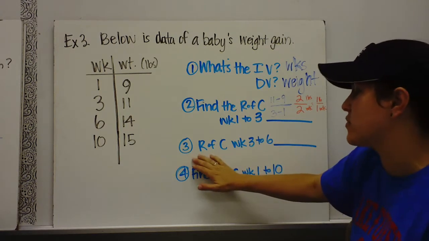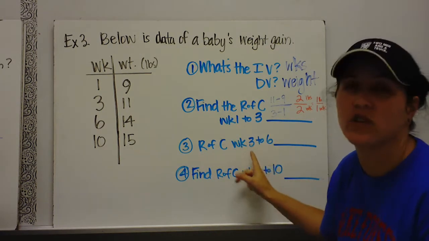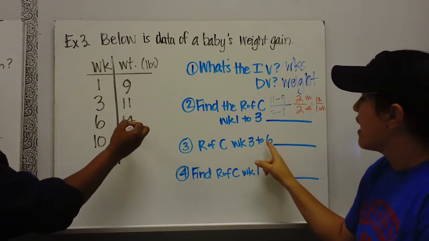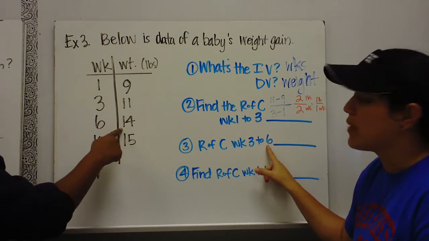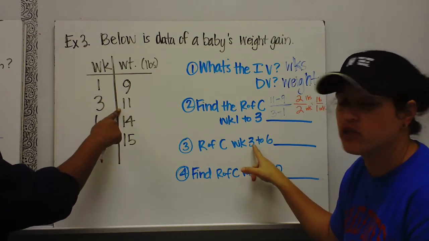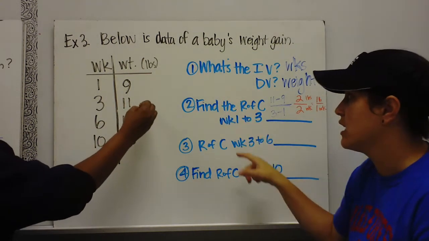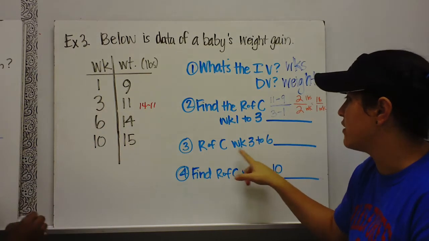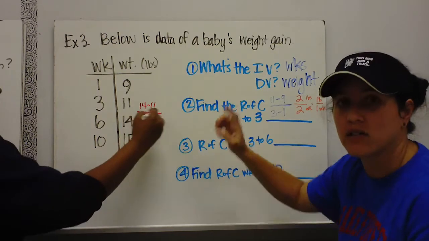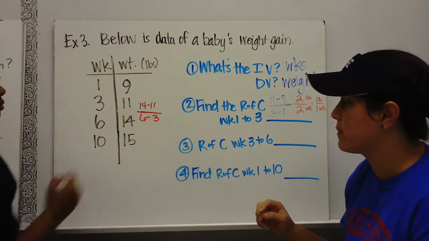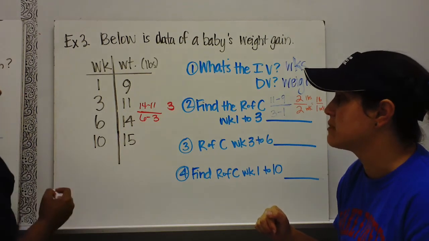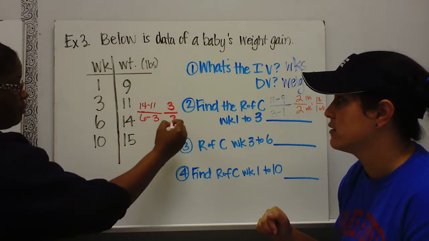Alright, so this next one says the rate of change from weeks 3 to 6. So again, we are going to subtract. At week 6, our baby weighed 14, minus week 3, which is 11. Then we subtract 6 minus 3 because those are the weeks we're talking about. 14 minus 11 is 3. 6 minus 3 is 3.